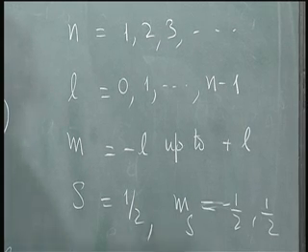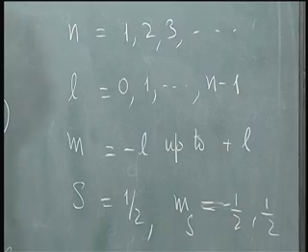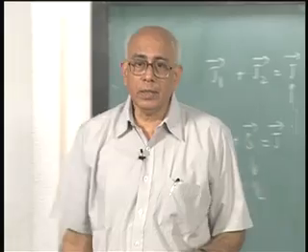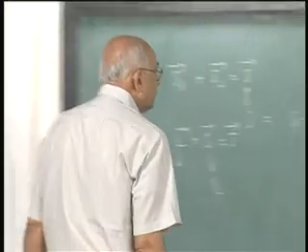For instance, you put a magnetic field, you switch a magnetic field on, that will couple to the spin of the electron, and then there is a magnetic potential energy minus mu dot B, and that will distinguish between plus half and minus half for m sub s and so on.